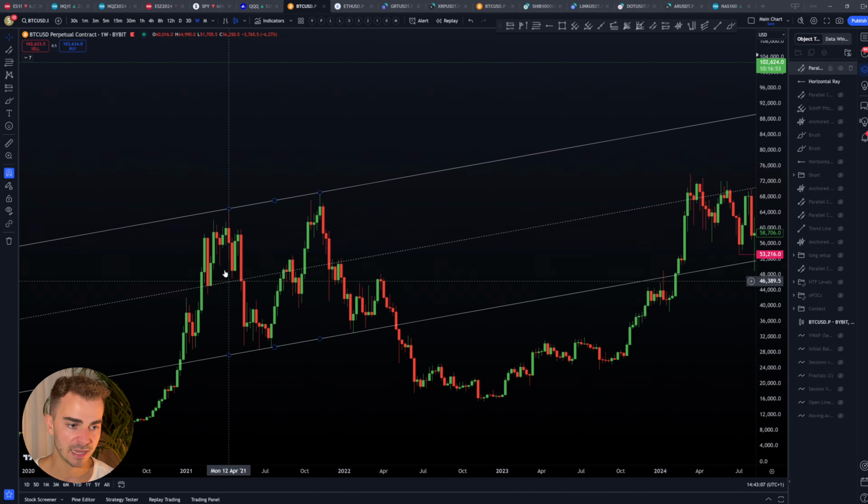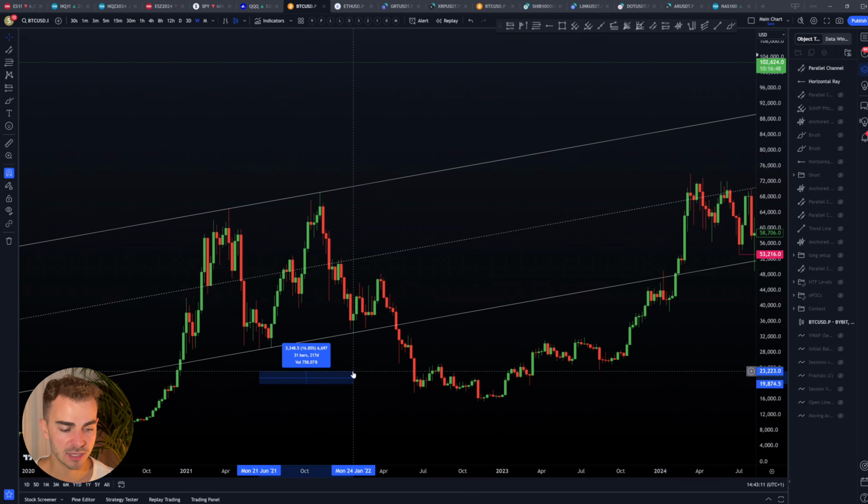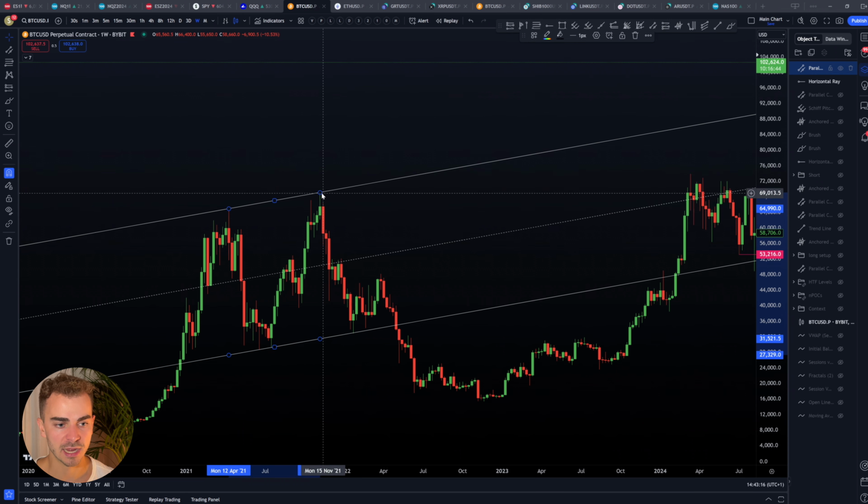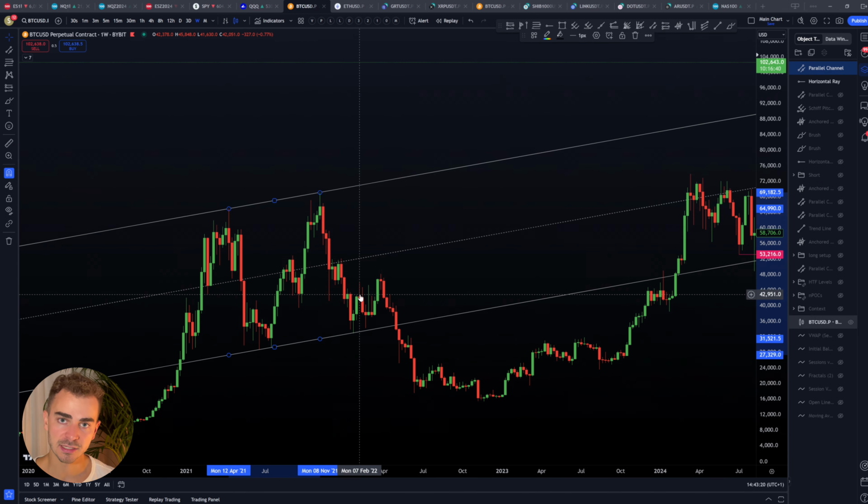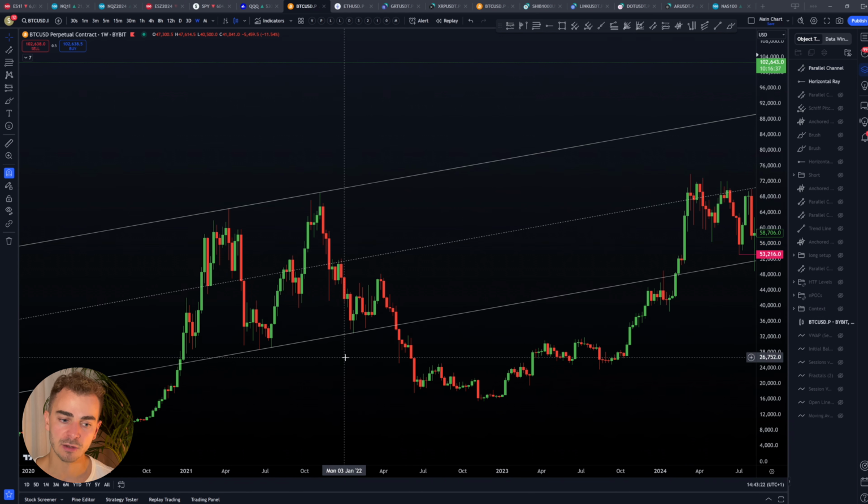We can see even weeks later, price was respecting this range low. So we anchor it from this high, connecting to this high and this low right here.